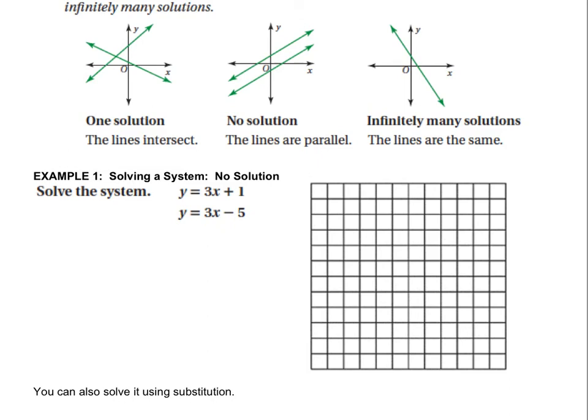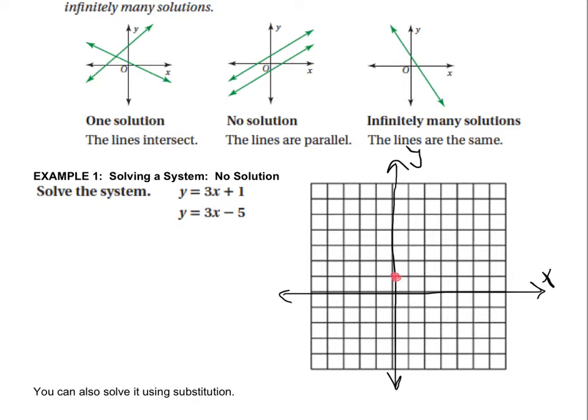These are in y equals mx plus b form already. I'm going to create our y-axis and x-axis, and again I'd like you to be using a straight edge. It's not so easy for me to do that on this one. Graphing the first one, 3x is our slope and our first point is our y-intercept at 1.